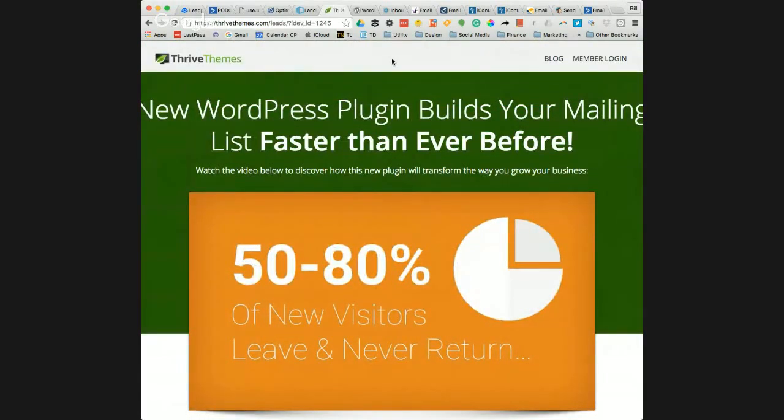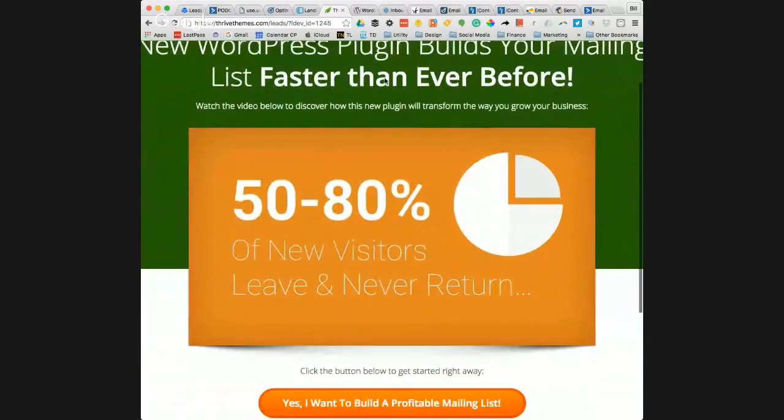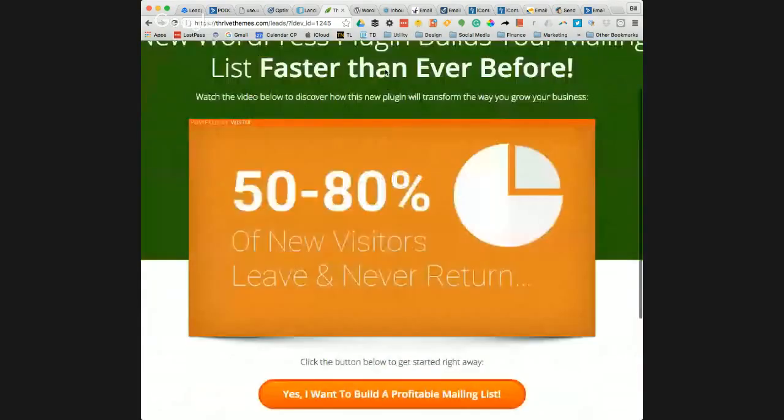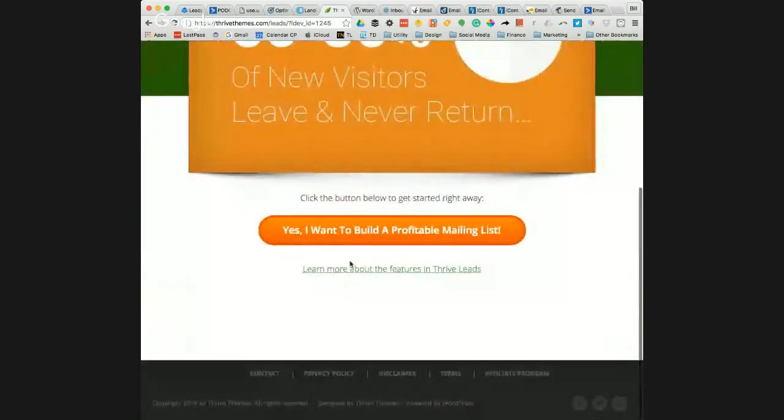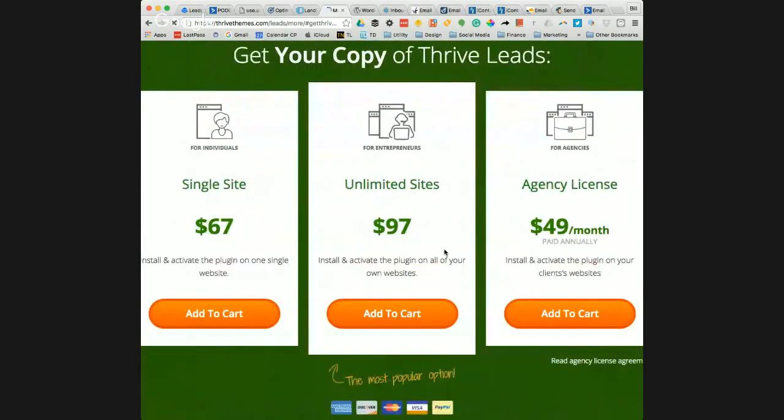So Thrive Leads. We've had the CEO on the show a couple of times. It's a great product. It's more of a plugin than some of the other services that they provide, a kind of hybrid plugin model. Thrive Themes is more embedded into WordPress. It's more plugin based in a way. If you do buy into this system, folks, you'll understand this a bit more.